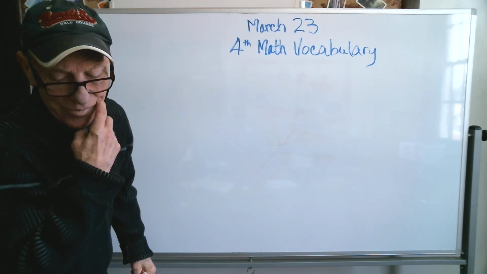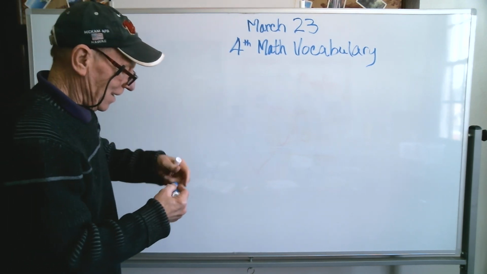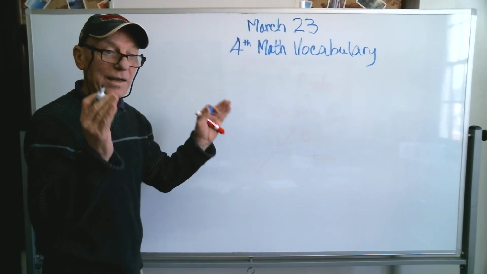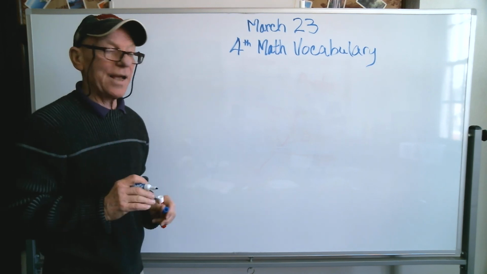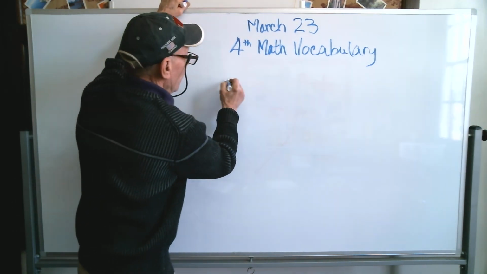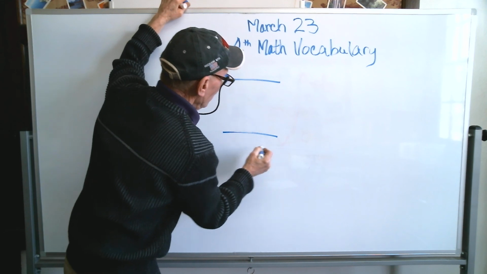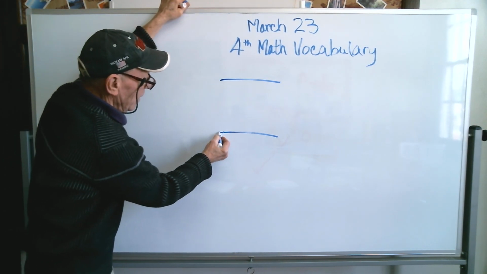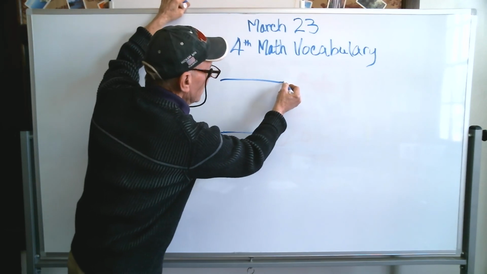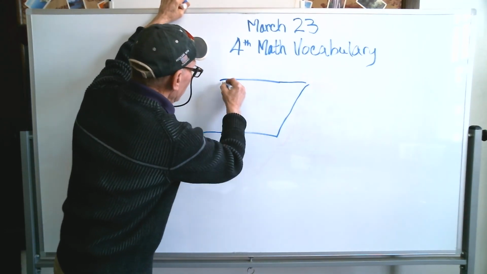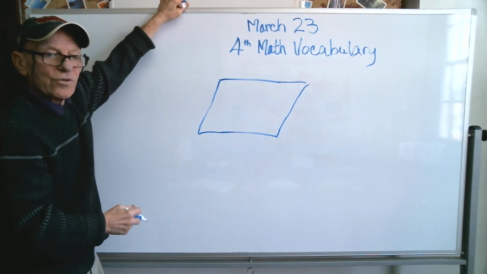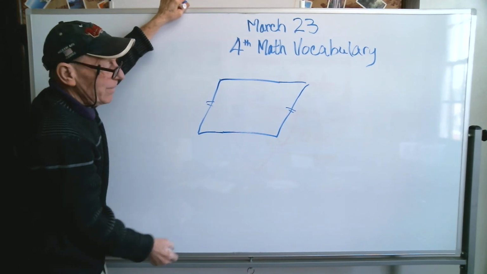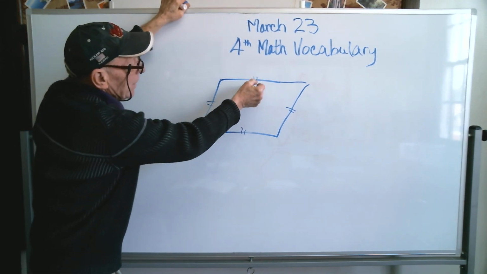Now, some of the shapes, a parallelogram. Parallel, remember parallel. Parallel are lines that run in the same direction. So those two lines are parallel with each other. And even if I skew those lines a little bit, this line is parallel with this line. This line is still parallel with that line.